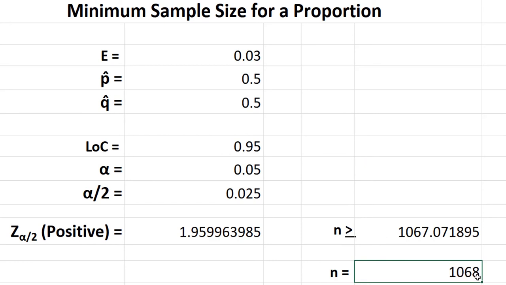And we would get 1068. So 1068 is the minimum sample size necessary in order to be within 3% of the population proportion of those in Canada who are satisfied with their healthcare system.